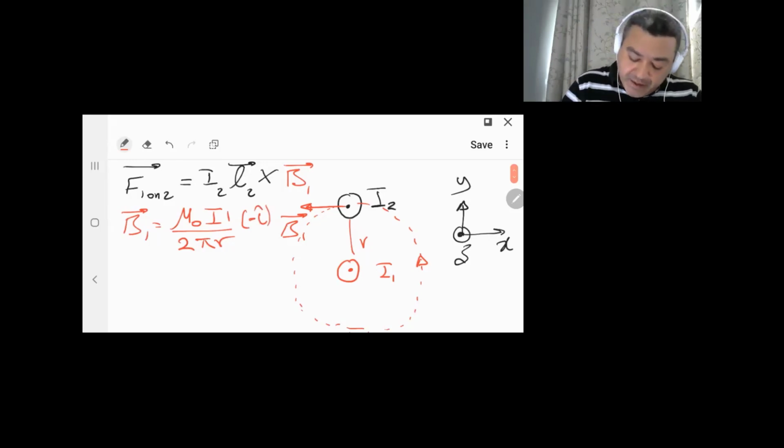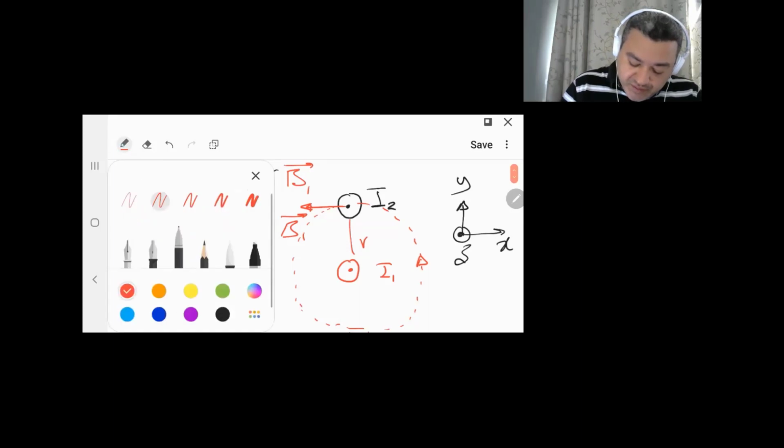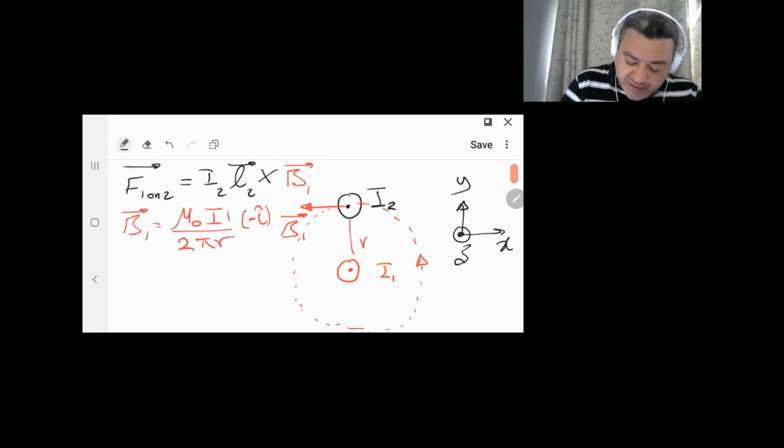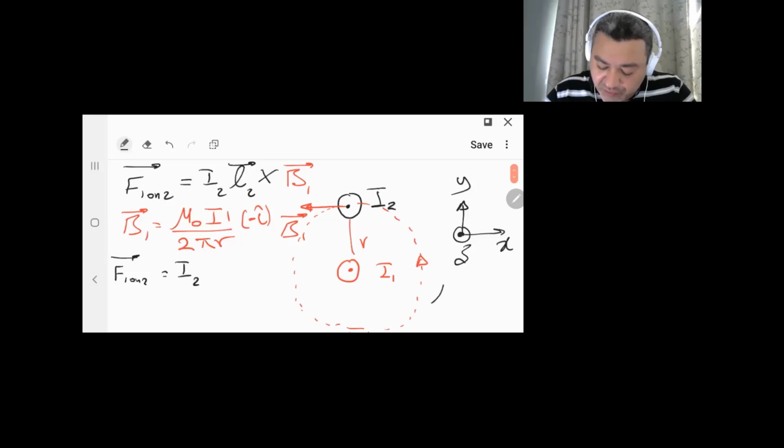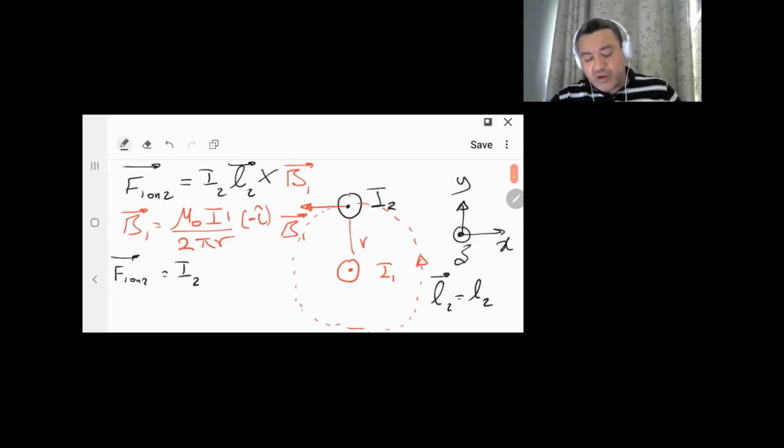This is B1. Now, in this case, F1 on 2 would be I2. Regarding the L2 vector, L2 vector is L2 magnitude going into the positive direction. So in this case, it will take the K hat positive.